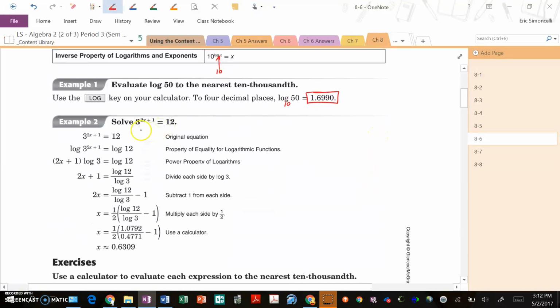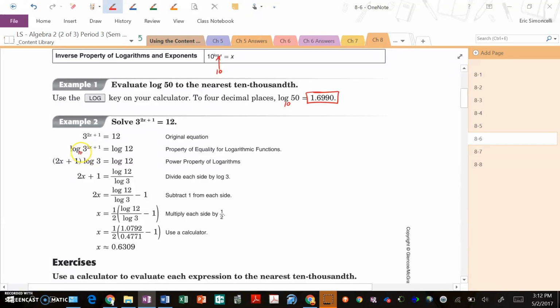Solve 3 raised to the 2x plus 1 equals 12. What we do is look at the equation to start with, and using the property of equality for logarithmic functions, we're able to take the log of both sides of the equation. In this case it's log base 10, so we don't see the base.